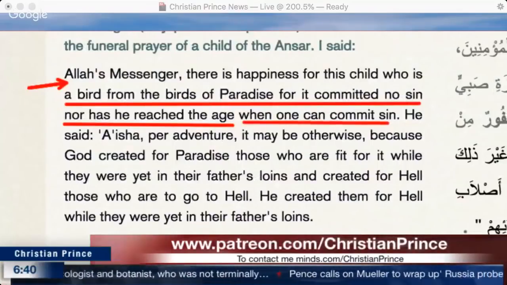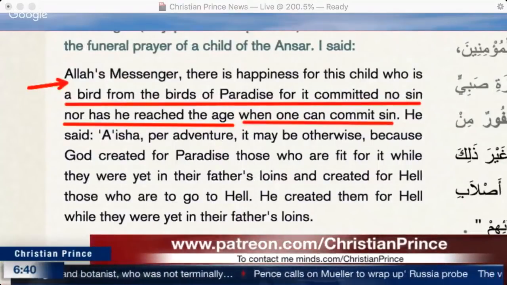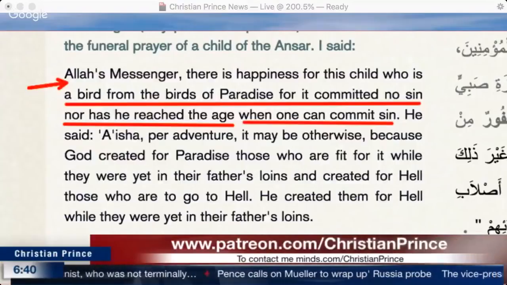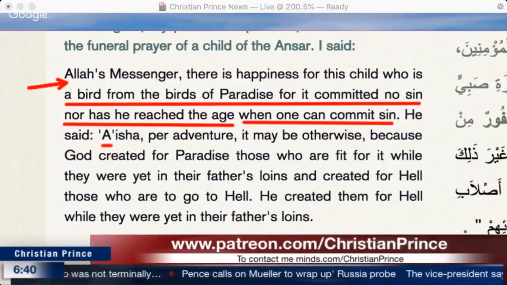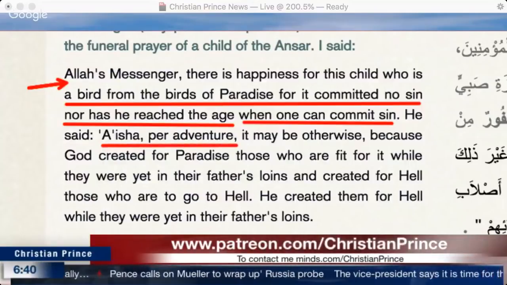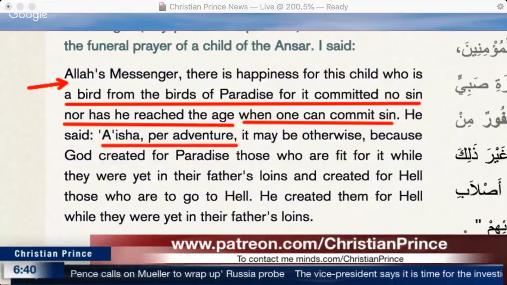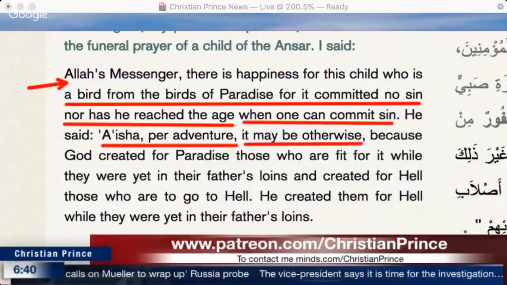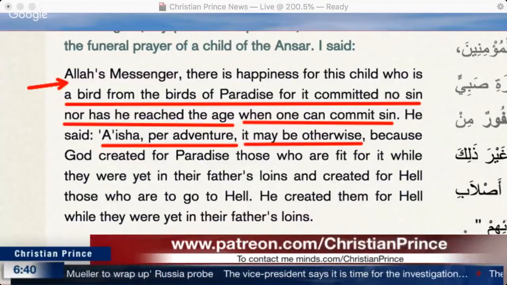So this is the logic of Aisha, and I agree with Aisha with her logic. And he committed no good deed as well, by the way. So Muhammad said to Aisha, peradventure, which means watch, don't be stupid. It may be otherwise, which means he might be a bird of hell.